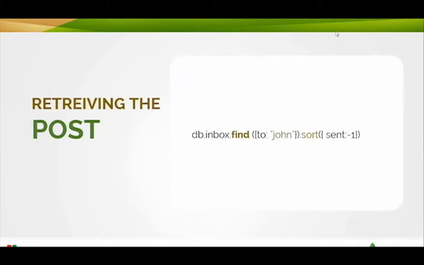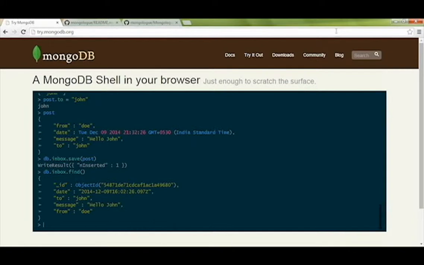So now how do you retrieve the post? All this goes into the inbox for each person. And we now need to figure out all the posts that John has to receive. So when John is trying to read his posts, he will try and retrieve those posts. So let's say these are John's messages.